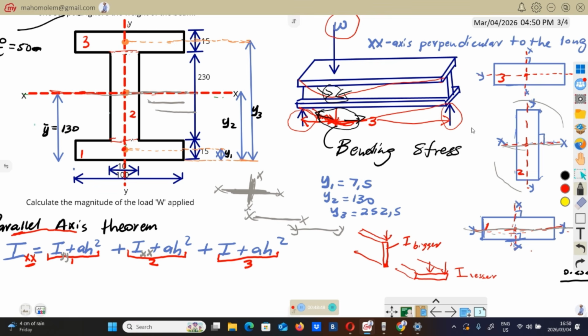The same thing on number 3. Remember, our reference is this XX. This XX that you see here represents this XX here.